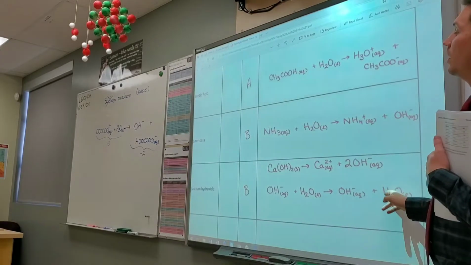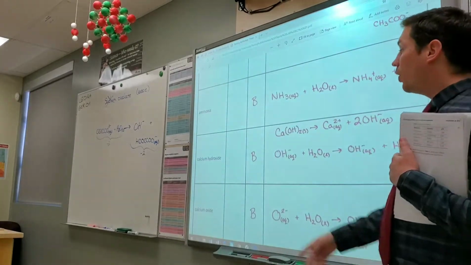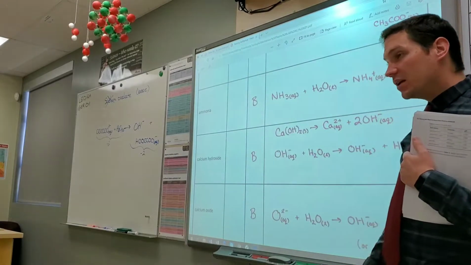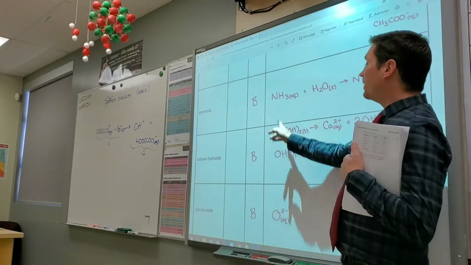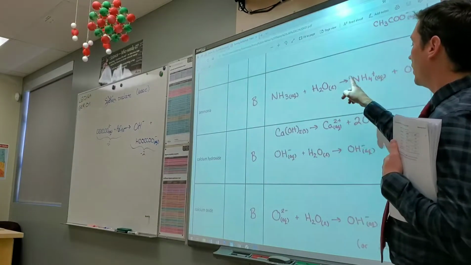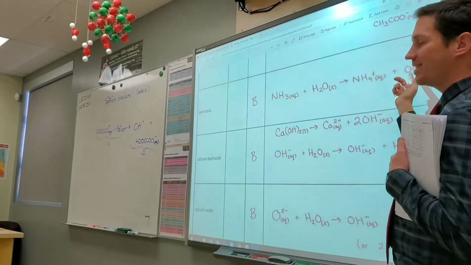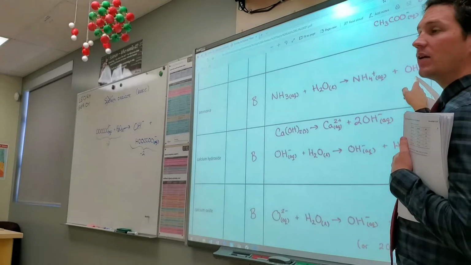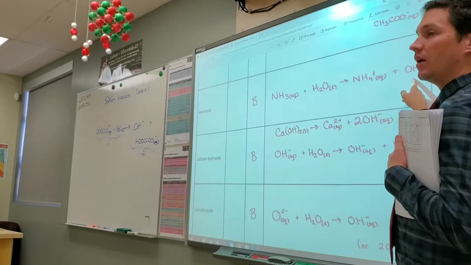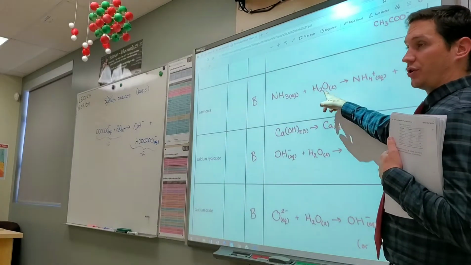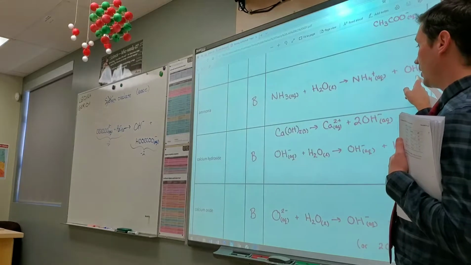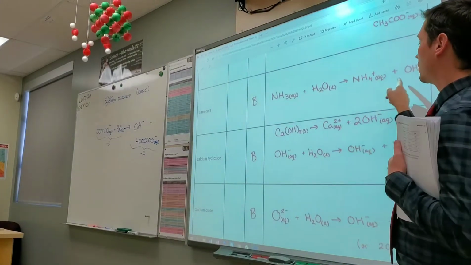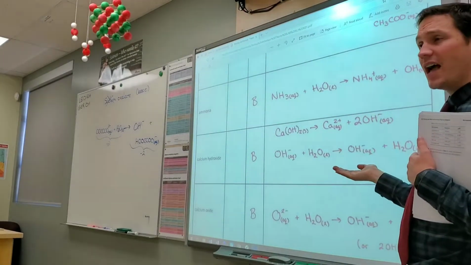Okay. Ammonia, we know ammonia to be a base because it turns red litmus blue. And so the ammonia reacts with water, and usually the first product, but it doesn't matter if it's the first or second, right? But usually the first product we write down is hydroxide. Now if the water turned into hydroxide, it went from H2O to OH. It must have lost the hydrogen.